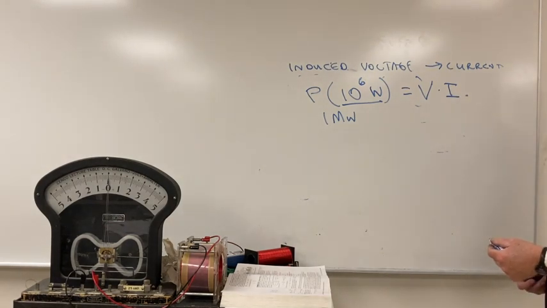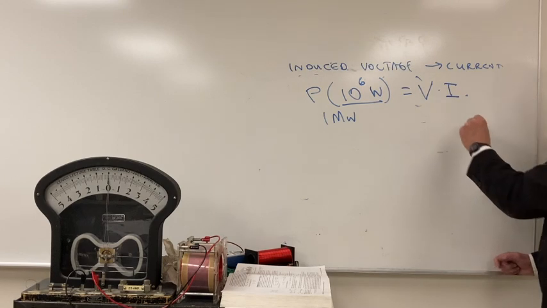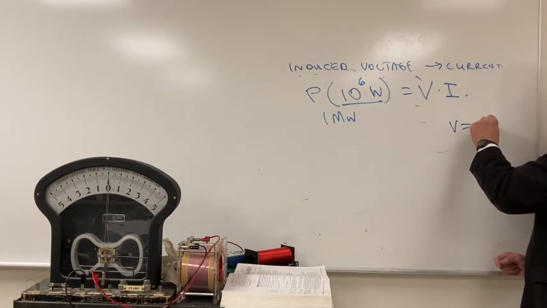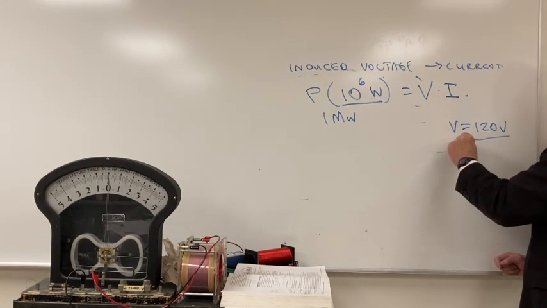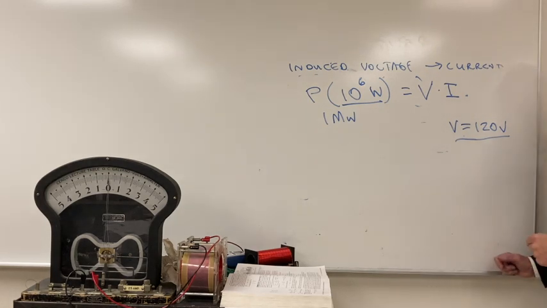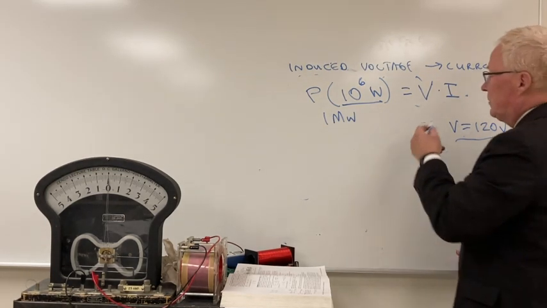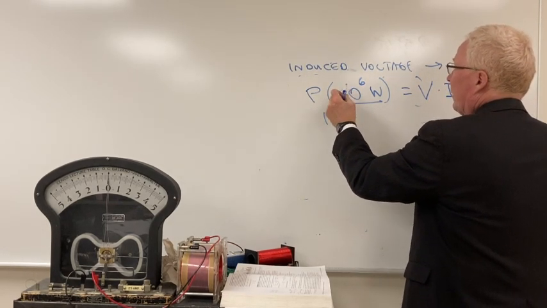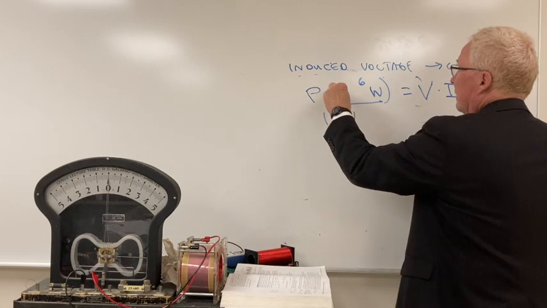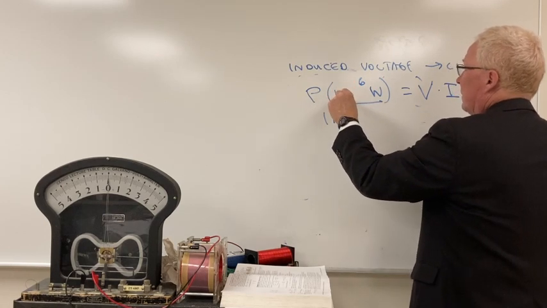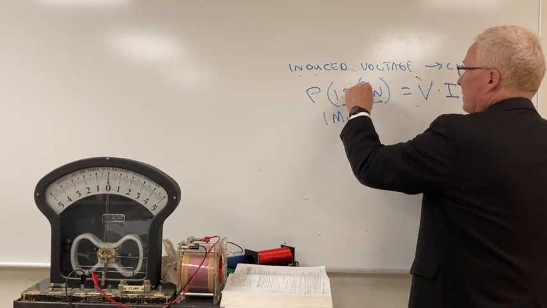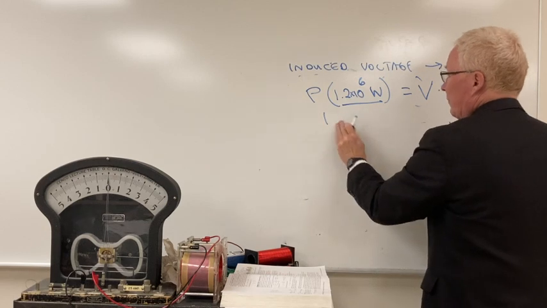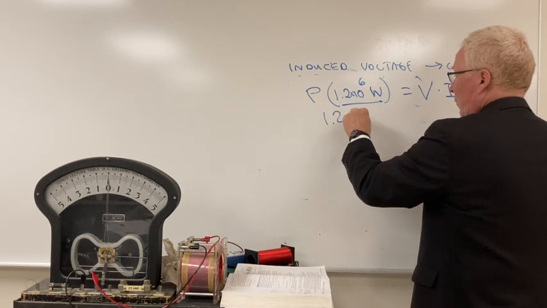Now, household voltage is 120 volts. All right, let's do this a little bit easier for me. Let's say we're doing 1.2 times 10 to the 6th watts, so that would be 1.2 megawatts, all right?